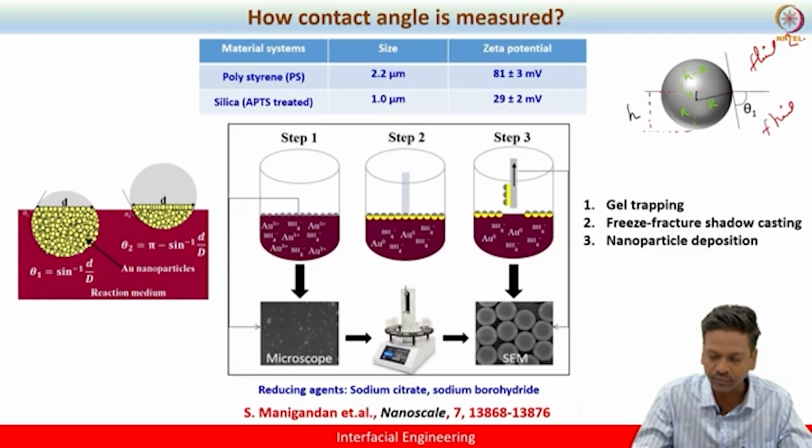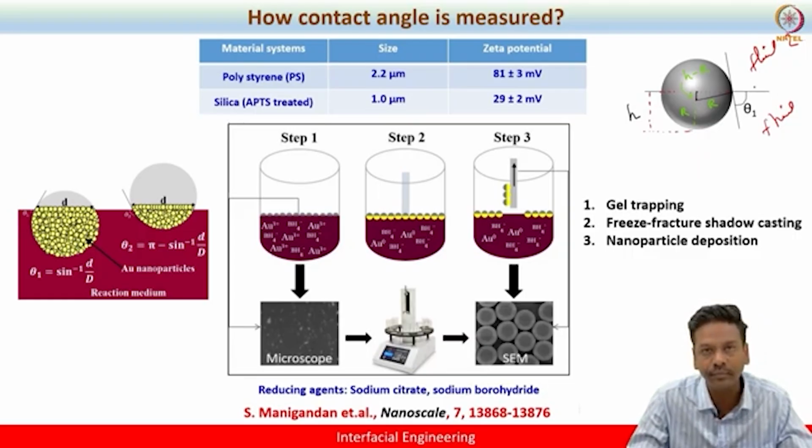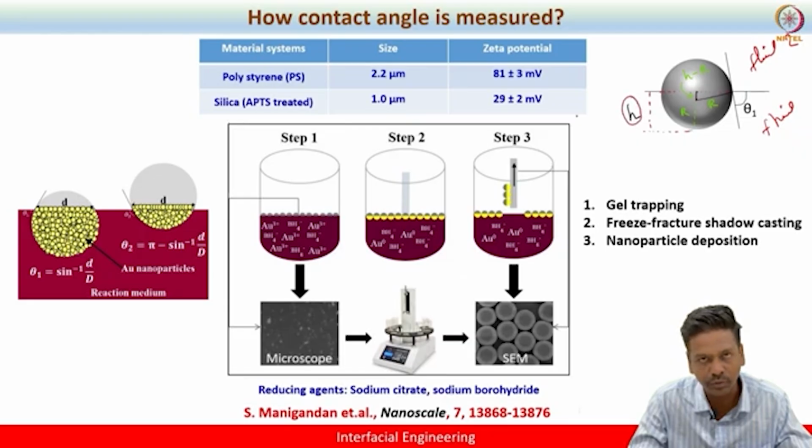In such a scenario, what is the contact angle theta of the particle? Sometimes this theta is also important if you want to know the equilibrium position of the particles. So there are various methods available.